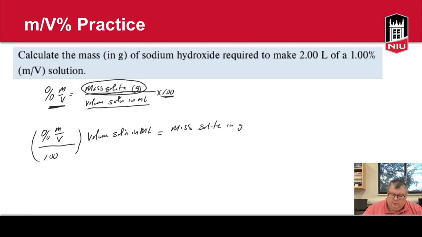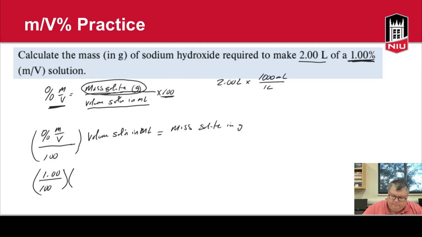So now I can just plug in my numbers. My percent mass to volume was 1.00%. So 1.00 over 100 times my volume of solution in milliliters. This is at 2 liters, so 2.00 liters times 1,000 milliliters is 1 liter.